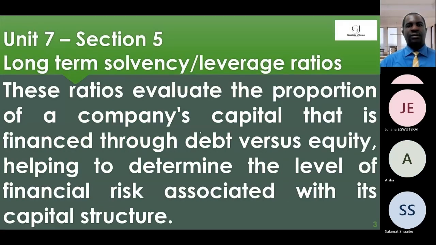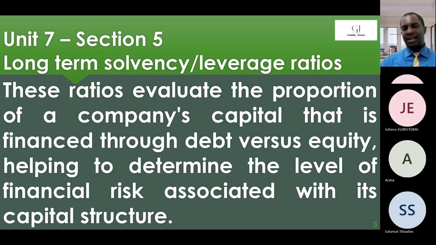Okay, so we're looking at long-term solvency or leverage ratios. Long-term solvency looks at ratios that are above a year, 5, 10, 15, 20 years. So these ratios are not short-term solvency ratios like liquidity ratios. Liquidity ratios are short-term solvency ratios, while these ratios are long-term solvency or leverage.